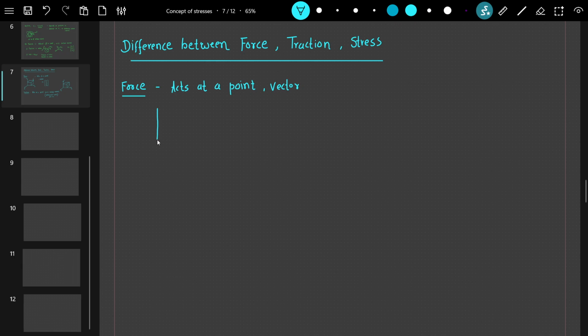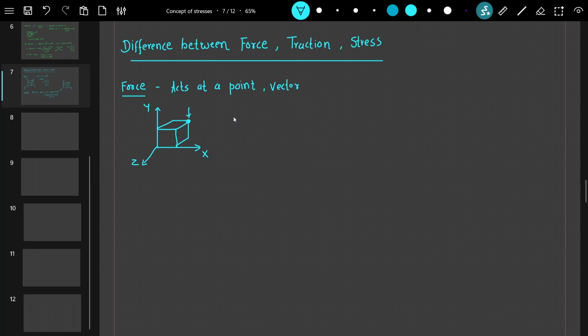So let's take a body in xyz coordinates. Let's take a simple body. Okay, it's not an infinitesimal cube or volume. We have just given a nice shape to a body, and this is force.